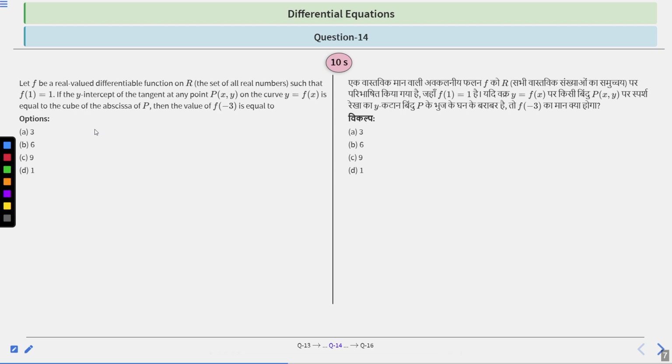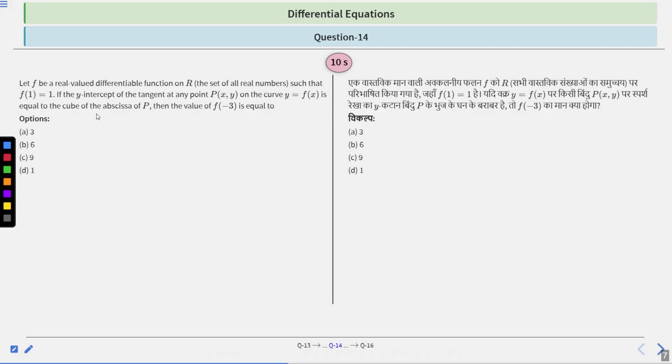So, how will we try to approach this question? First we will write the equation of the y-intercept of the tangent at any point P(x, y) on the curve y is equal to f(x), and after that we will equate this with x cube, which is given in the question, that the y-intercept of the tangent is equal to the cube of the abscissa of P, right?